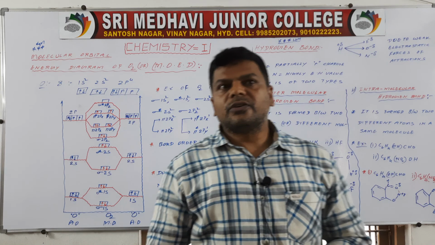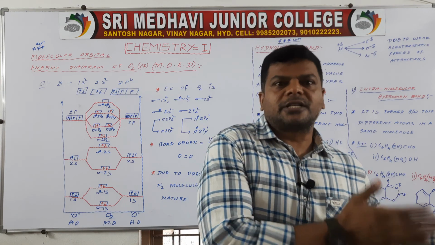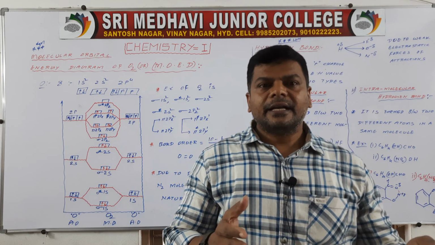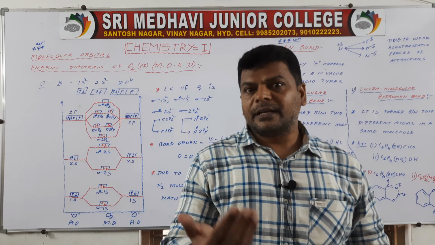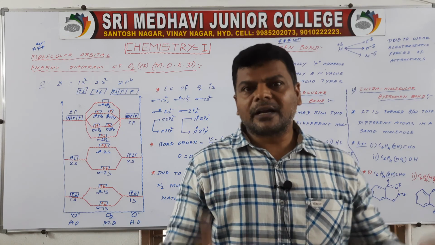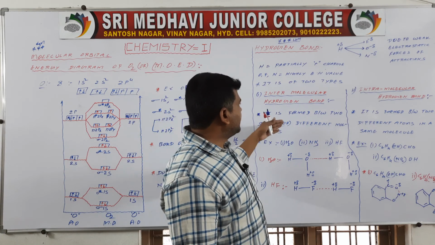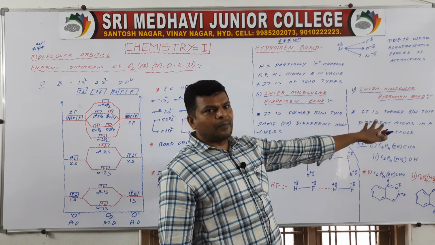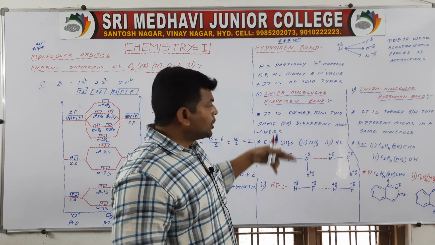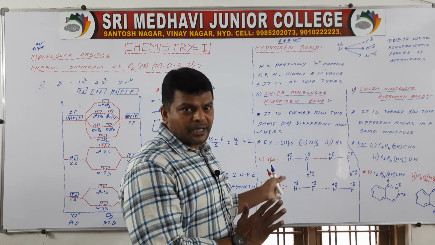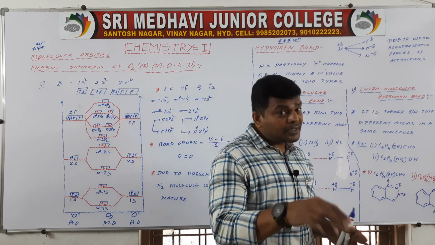Due to electrostatic forces of attraction between a partially positive charged hydrogen atom and highly electronegative atoms like fluorine, nitrogen, oxygen, it is called hydrogen bond. It is of two types: intermolecular hydrogen bond and intramolecular hydrogen bond. Intermolecular hydrogen bond is formed between two same or different molecules. Intramolecular is formed between two different atoms in a molecule.